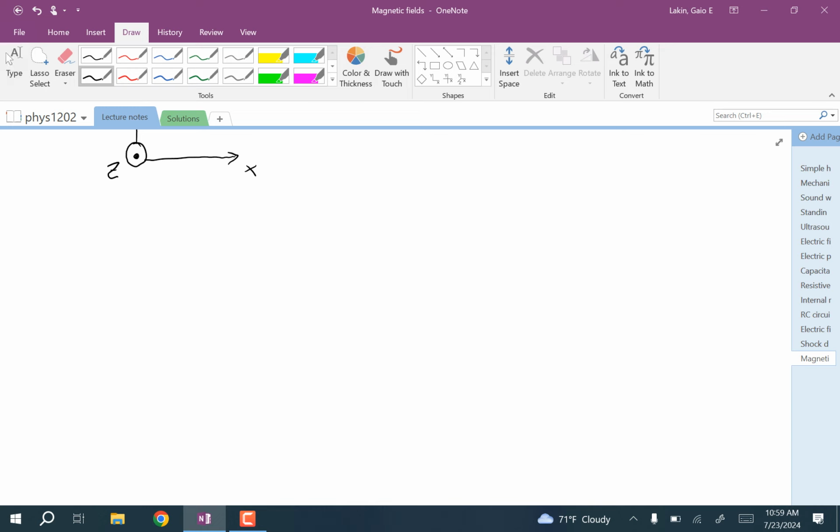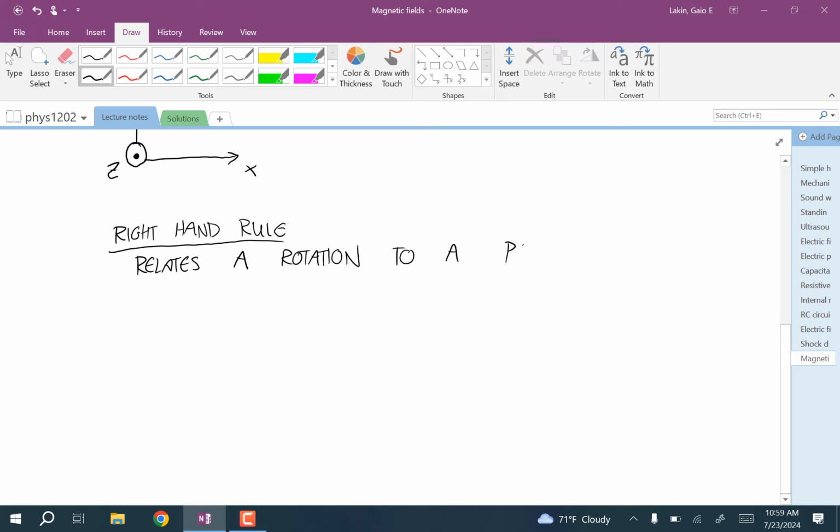And in defining this relationship, an important tool is going to be the right-hand rule. And so this right-hand rule always does the following thing. It relates a rotation to a perpendicular vector.